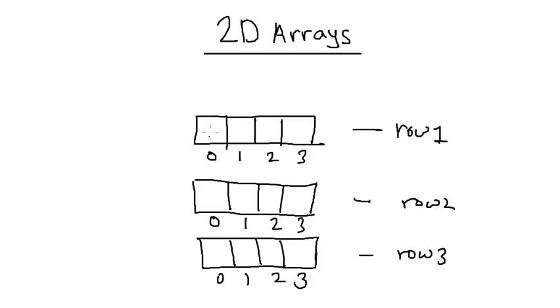Like this will be column 1, this will be column 2, this will be column 3, and this will be column 4. We represent the first column by index 0. Similarly, we will represent row 1 with index 0, row 2 by index 1, row 3 by index 2.